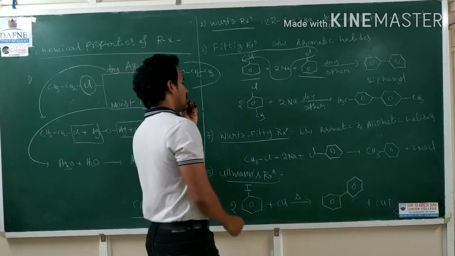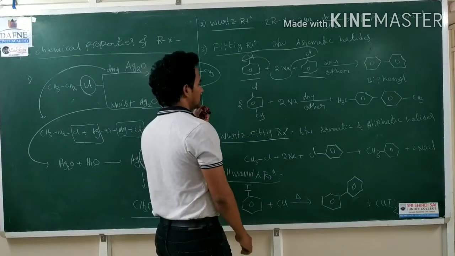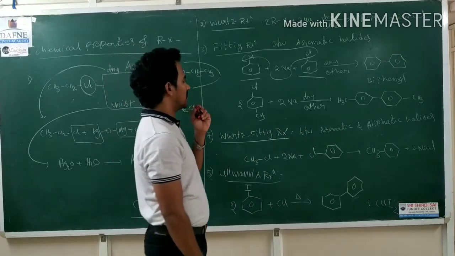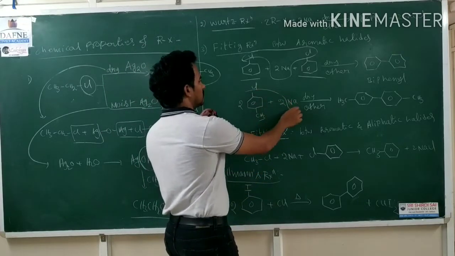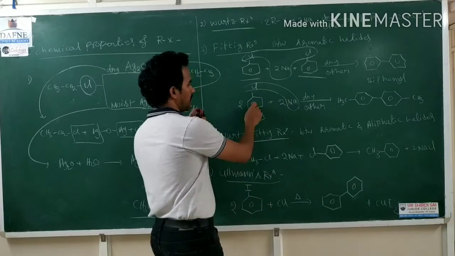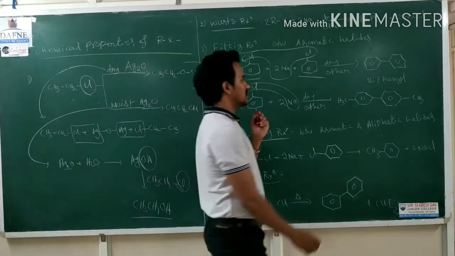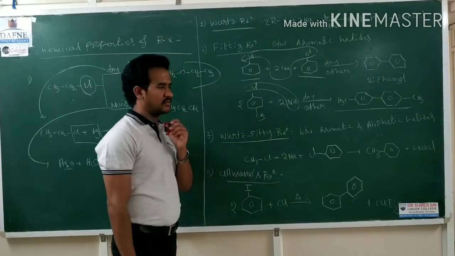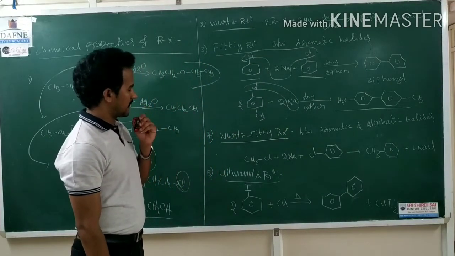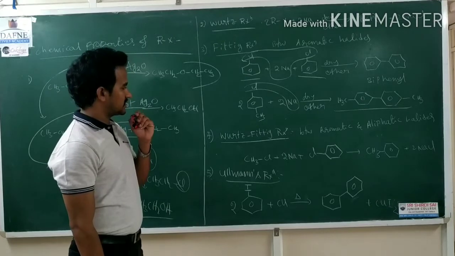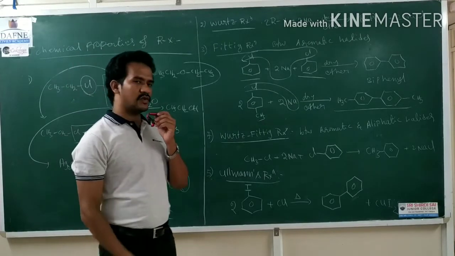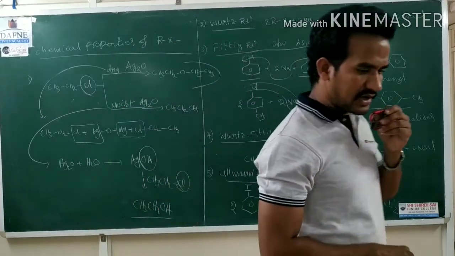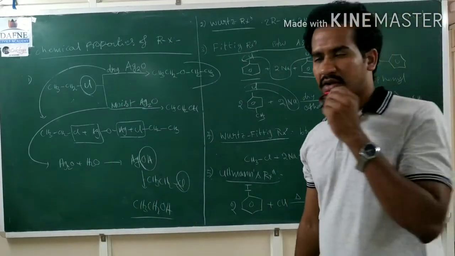Or suppose here parachlorotoluene or chloromethylbenzene reacts with sodium. Two methylbenzenes are combined. This is the product, just like a dimerization. Next, the Wurtz-Fittig reaction. You know that the Wurtz reaction is between aliphatic halides and the Fittig reaction is between aromatic halides.